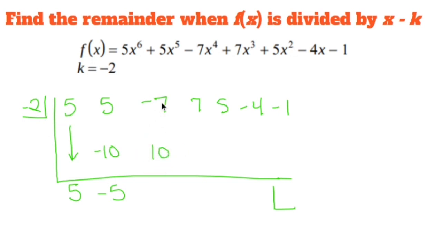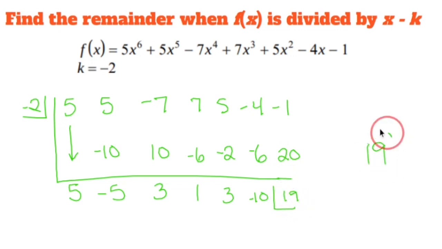Add these. -7 plus 10 is 3. 3 times -2 is -6. 7 plus -6 is 1. 1 times -2 is -2. 5 plus -2 is 3. 3 times -2 is -6. -4 plus -6 is -10. -10 times -2 is 20. -1 plus 20 is 19.